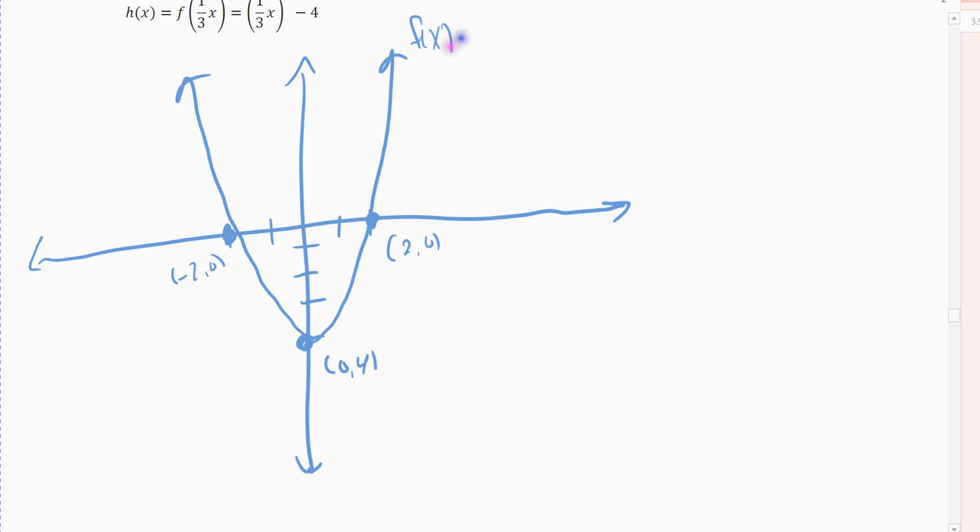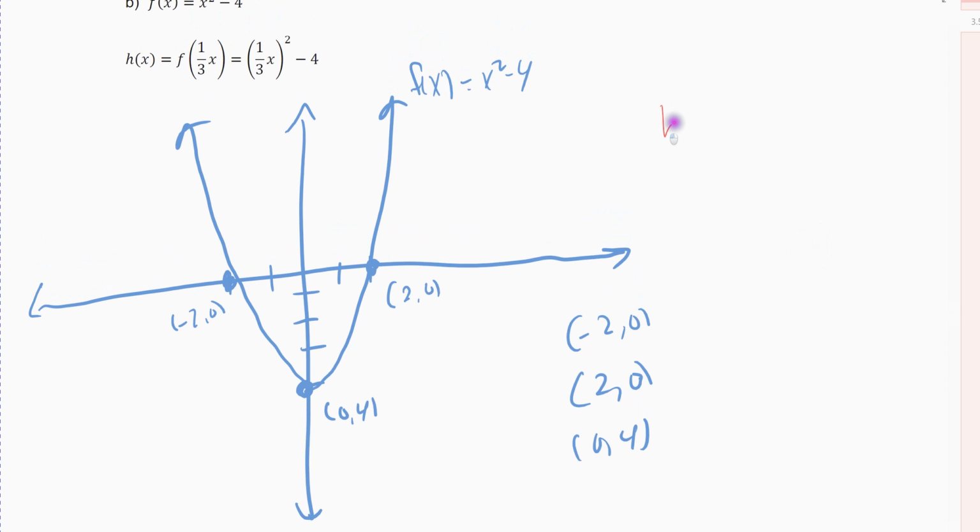So f of x. Again, my original points were negative 2, 0, 2, 0, and 0, 4. What's happening in this case when I go to graph h of x? Well, h of x took all of my x values and divided them by 3, or multiplied by 1/3, right? I have 1/3 times x, squared, minus 4.